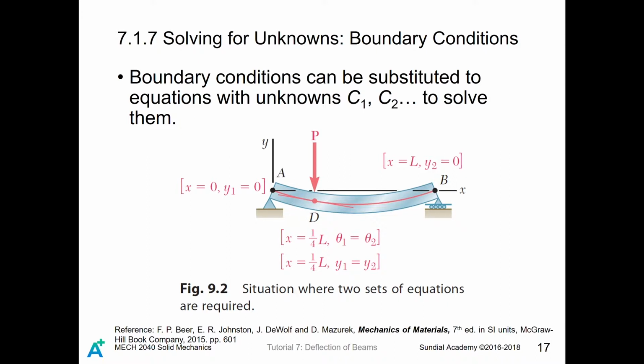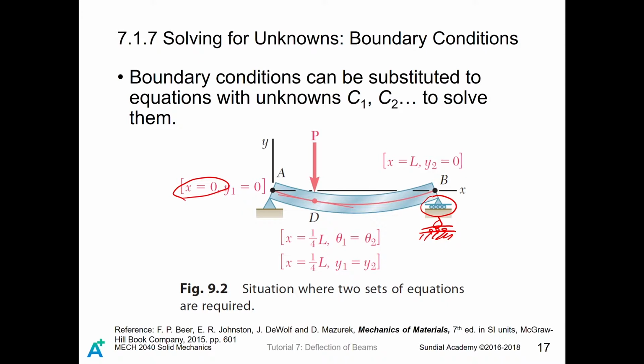The simply supported end means that there is no deflection at this end, or in some very special case, if the problem says this end is moved downward by some distance, then the deflection at this point can be defined in another way.